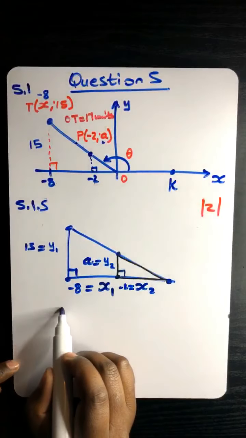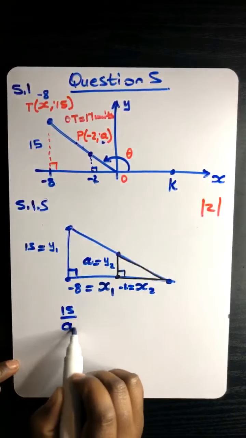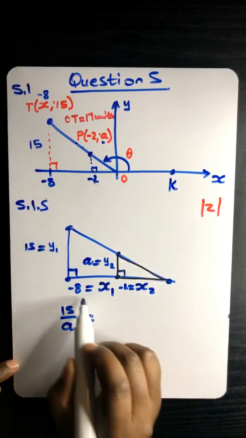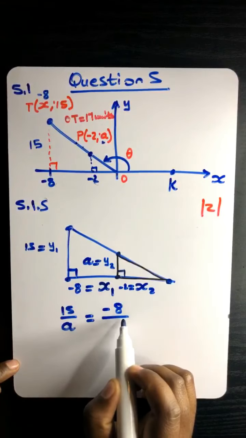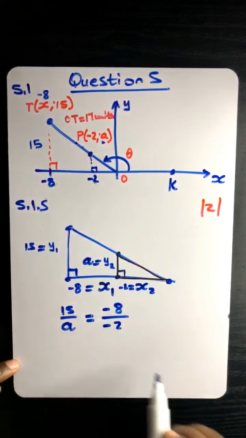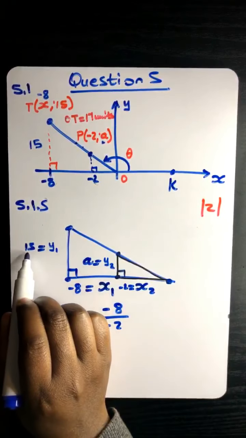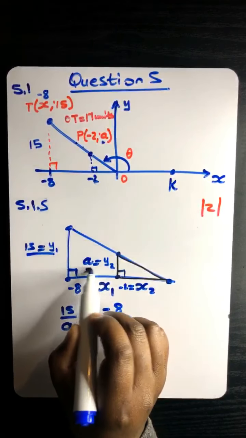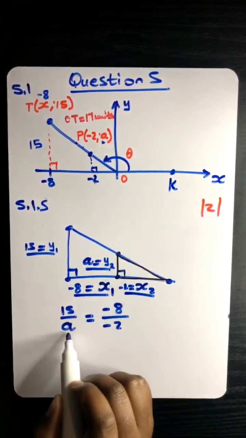So we have 15 over a, y2 is our a, equated to the bigger one being -8 over the smaller one being -2. I might not have correctly applied that rule, but to me, it's just the ratio of y is to y equated to x is to x. Then I solve for a.